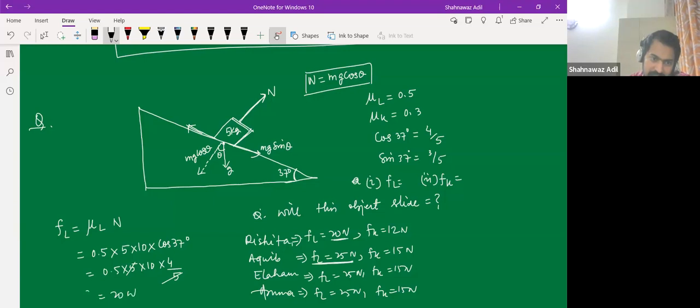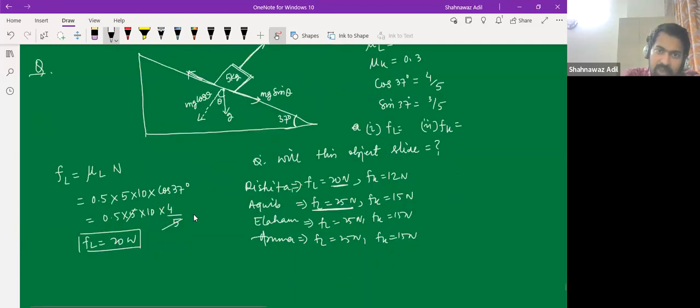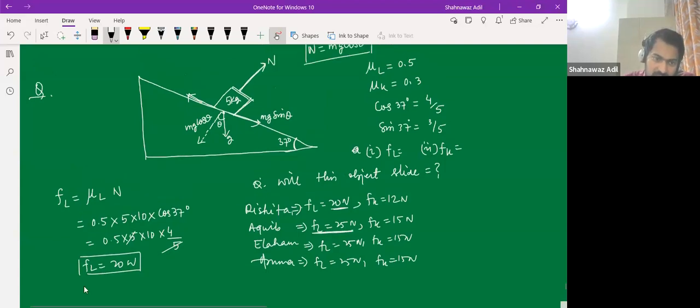Right, guys? Yes, sir. Similarly, what would be FK? FK is 0.3 times 5 times 10 times 4 by 5. The 5 cancels, 3 fours are 12. So 12 Newton. Understood, everyone?